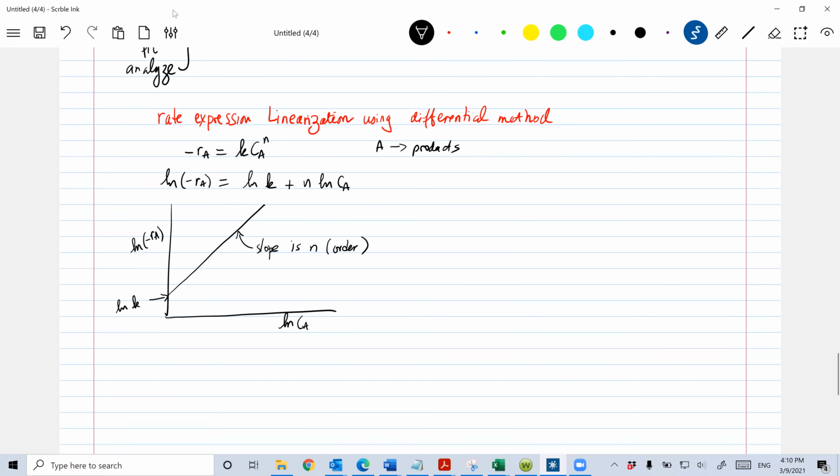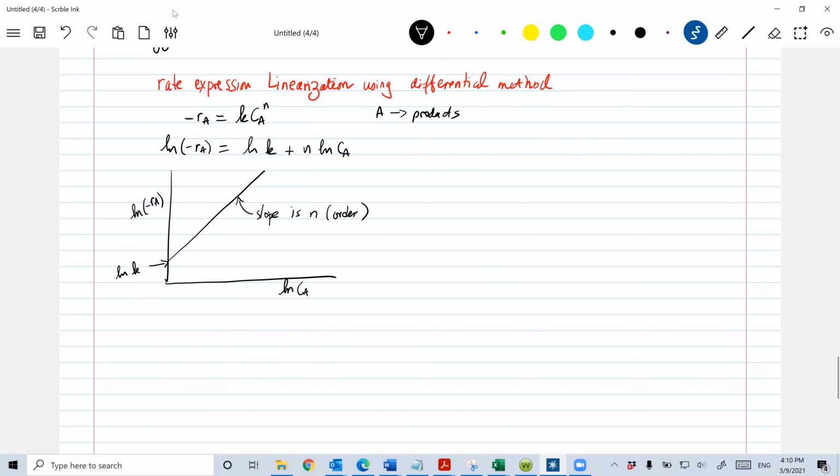Now, another example can be the Langmuir-Hinshelwood.